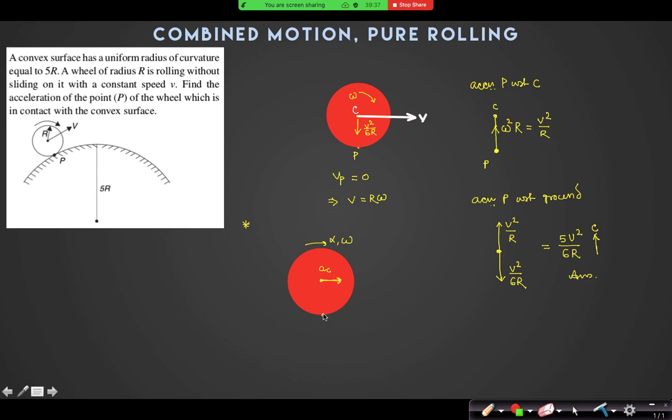Then what is the acceleration of this point P with respect to center of mass? With respect to C, what is the acceleration of point P? It will remain omega square R if it's pure rolling, but is there no tangential acceleration? Because P about C is rotating in a circle with the same alpha.